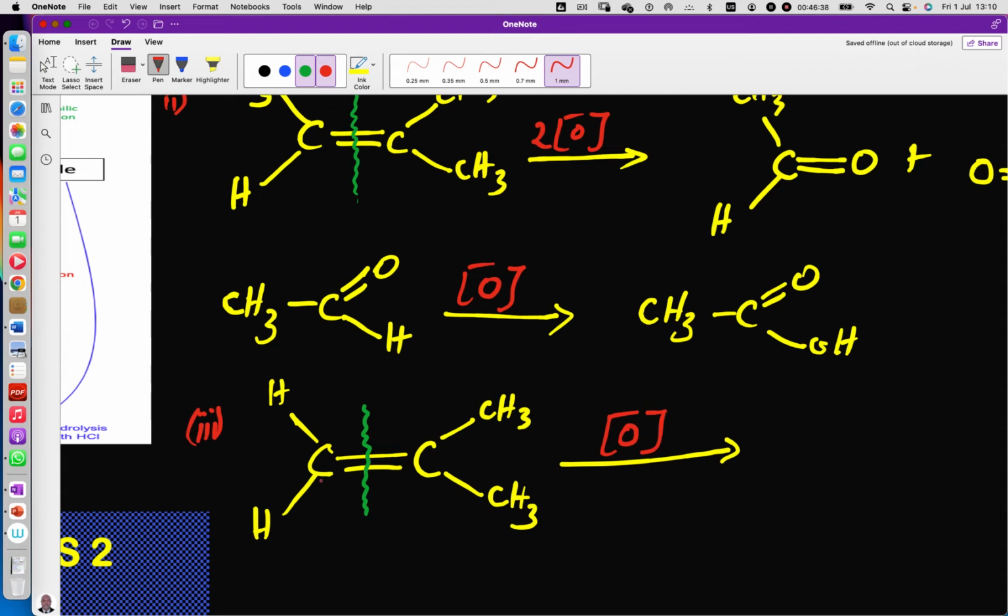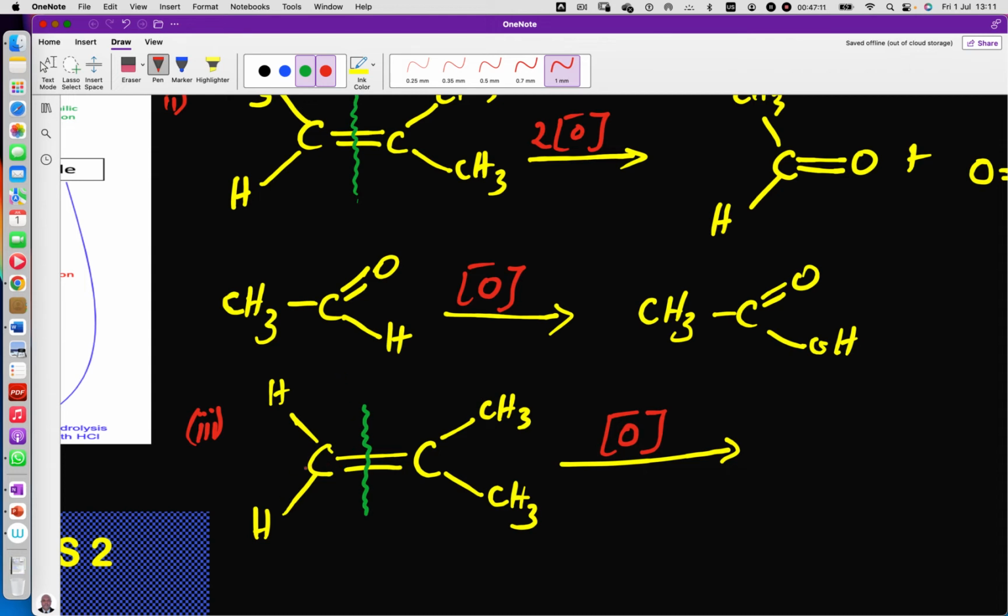But it should be noted that when there are only hydrogens on one end of the alkene, that end is converted to what? To carbon dioxide and water.